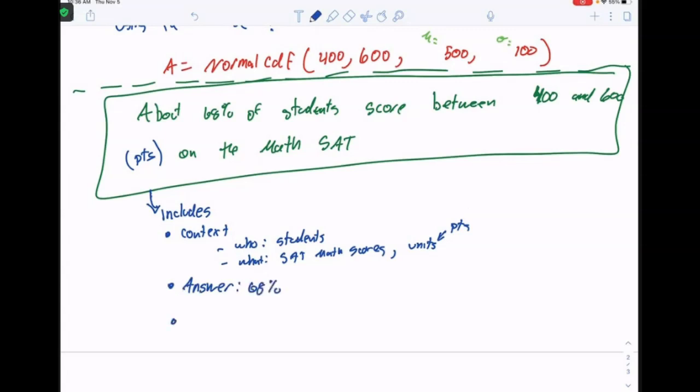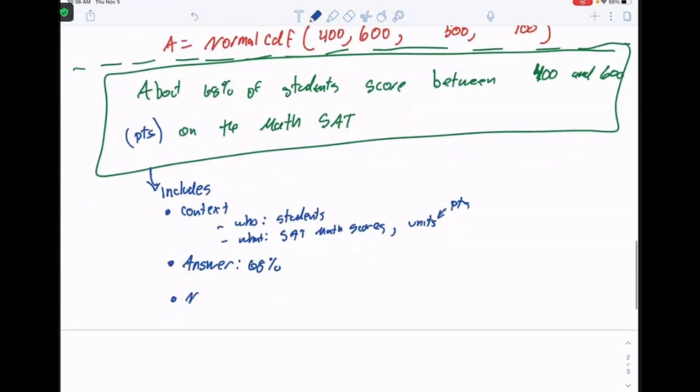And there's one last thing that this answer includes that's very important that can be overlooked. Well, that's just regurgitating the problem. That's still context. And we call this non-definitive. What about this problem makes it, the word about. It's not exactly 68%.